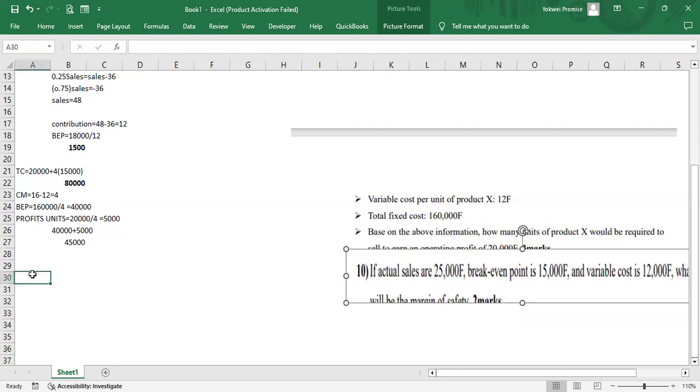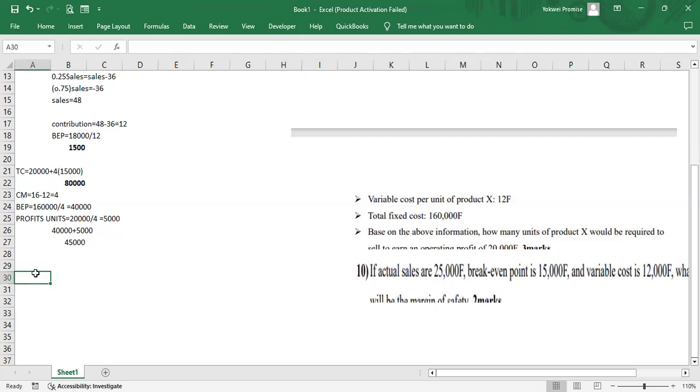So what's the formula to determine the margin of safety? Margin of safety is sales minus BEP, right?